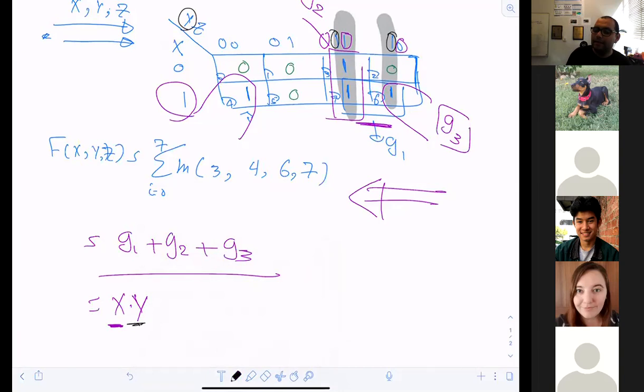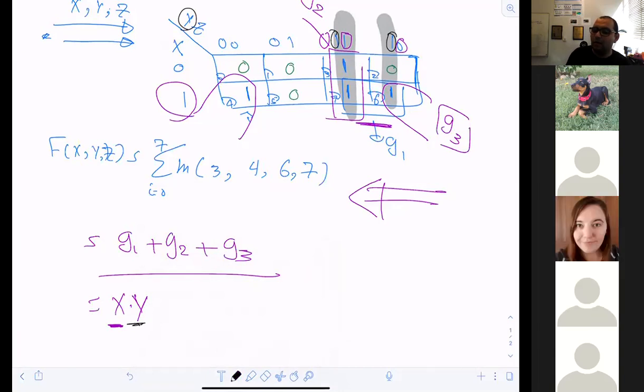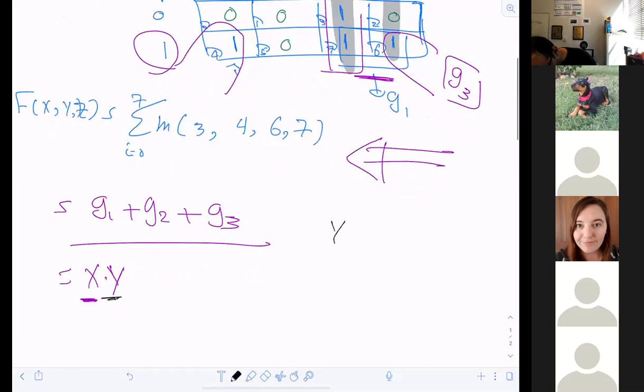So they both have to have 1 in order for it to be Z or Y? Yes. Think about it, right? Y plus Y. Y always Y. What will the output be? Y, right? If you want to write it, it's basically like this. It's Y, ORed with Y, ANDed with Z complement, right?